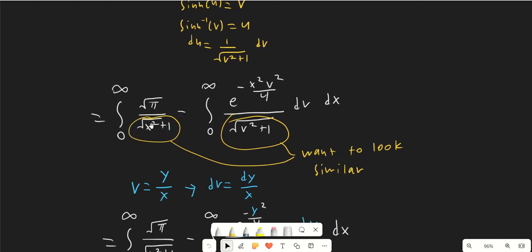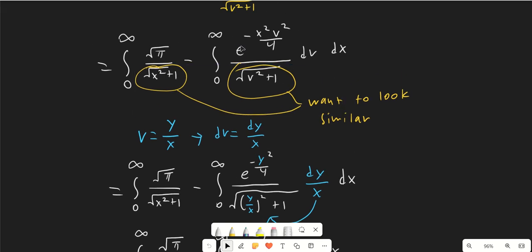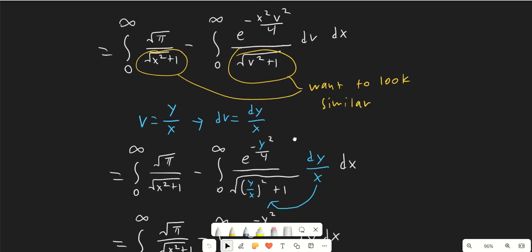We now have square root x squared plus 1 and square root v squared plus 1. But we still want one more step to make these two look very similar because this is root v squared plus 1, this is root x squared plus 1. These are completely different variables. So if we want to get an x squared inside here, what we can do is let v equal y over x. This means that dv equals dy over x. First of all, this simplifies this exponential greatly, because this just becomes e to the negative y squared over 4.